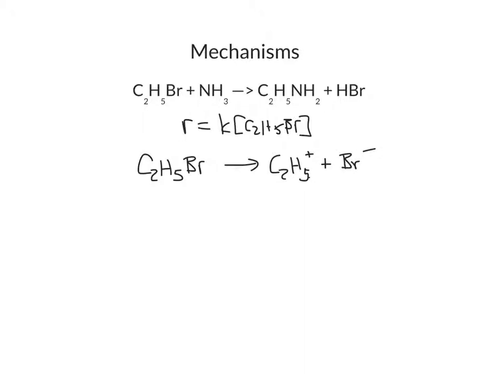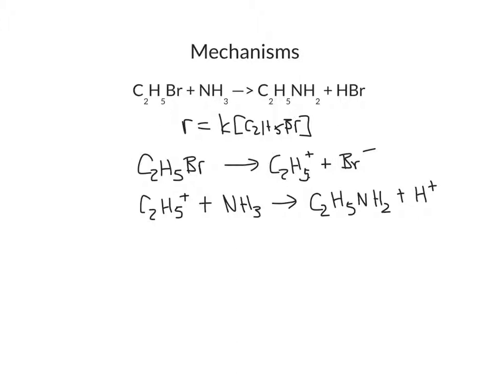And then in a second step, the C2H5 cation reacts with the ammonia to form C2H5NH2 plus NH plus, and then the H plus and the Br minus combine to form HBr.